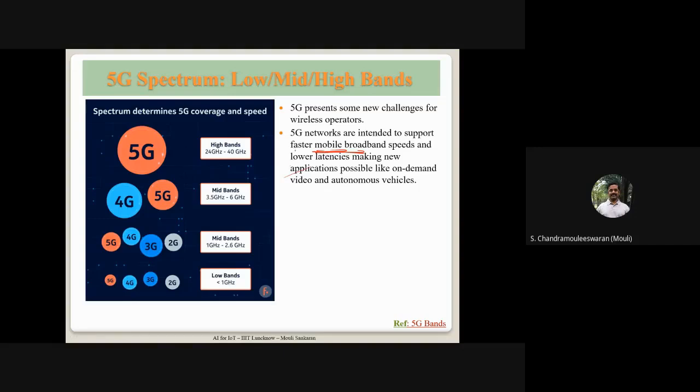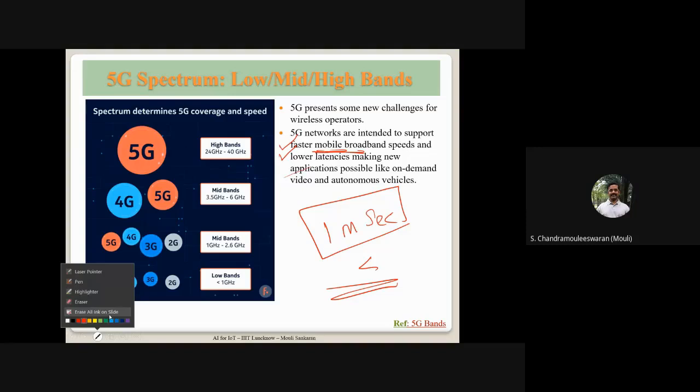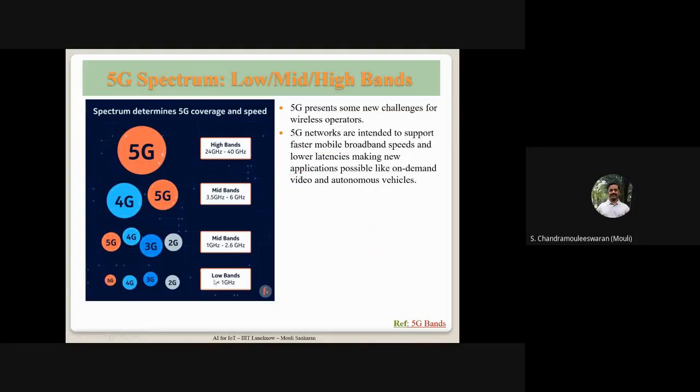So they need to support a higher data rate at lower latency. The latency is less than 1 millisecond. Remember this number. All other technologies have much more latency than you get in 5G. That means you can get an instant response to what you do.